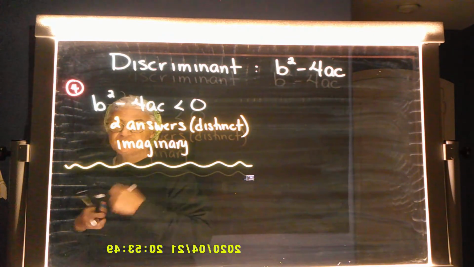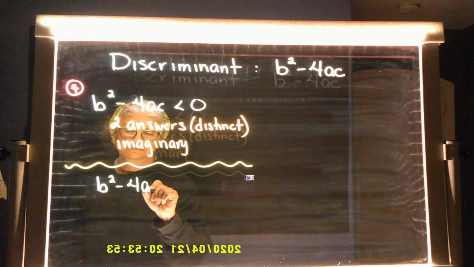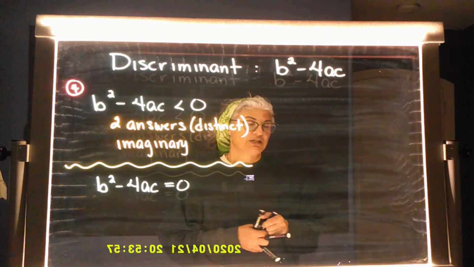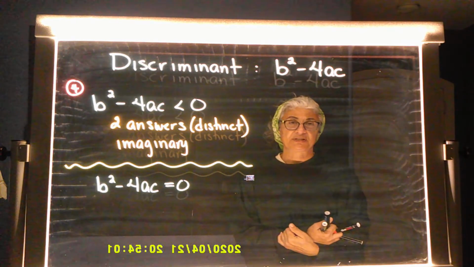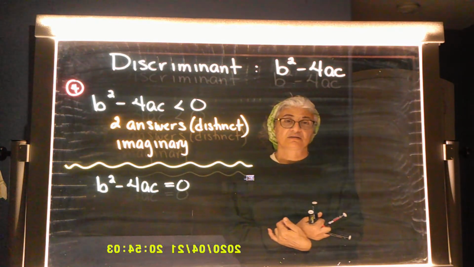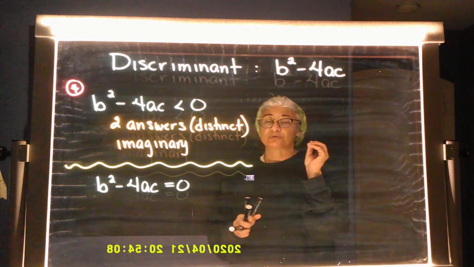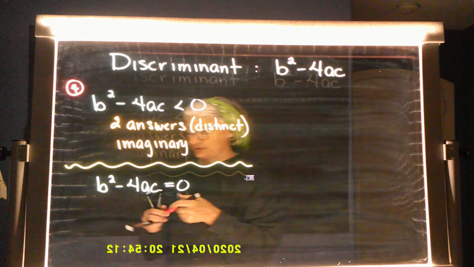Now, what happens if our discriminant was actually equal to 0? Okay, so go look back in those previous 4 problems that we did and tell me which problem had the number under the square root being equal to 0. Good, that was problem number 2.